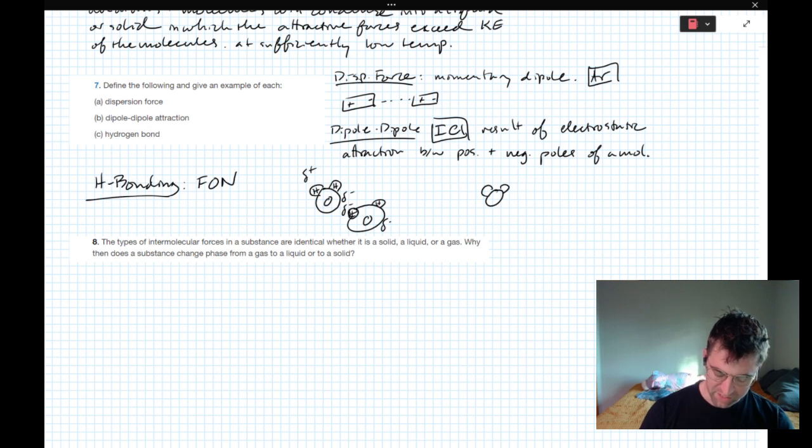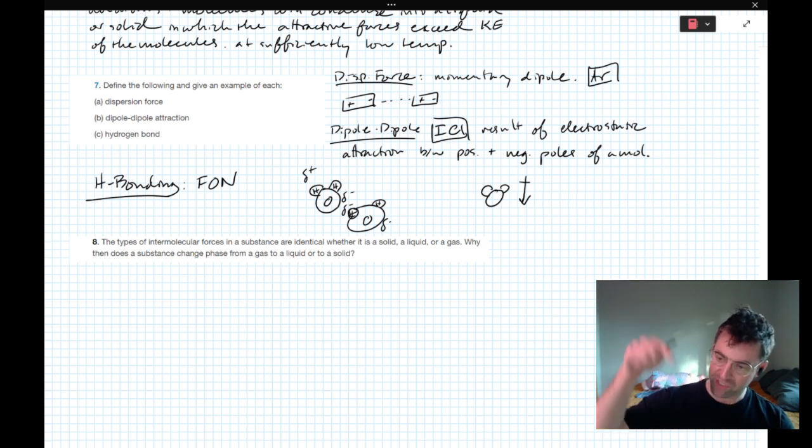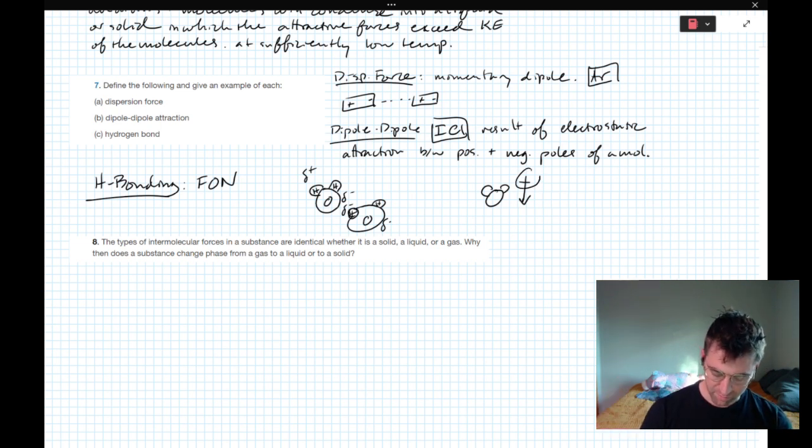The water molecule itself has a polarity sort of in this direction. The arrow points towards the negative, and then the little plus sign at the top here is your positive region around the molecule. Okay, that's hydrogen bonding.